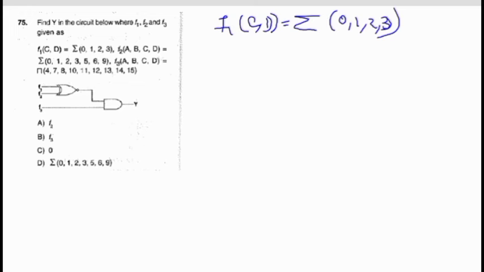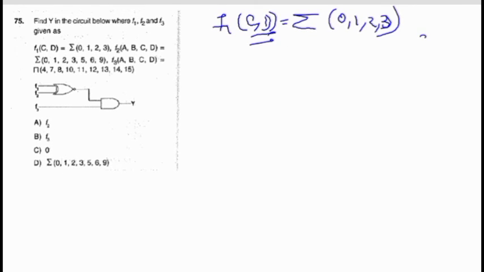So we will write F1 in terms of 4 variables. So for F1 CD with 2 variables, how many maximum min terms can we have? We can have 4 min terms, right? CD 00, 01, 10, 11. So decimal is 0 1 2 3. So all the min terms are present in F1, right?